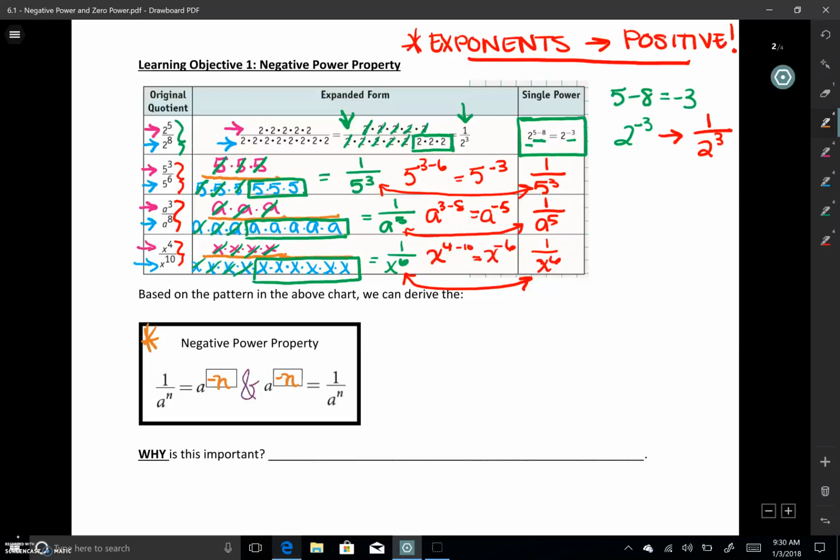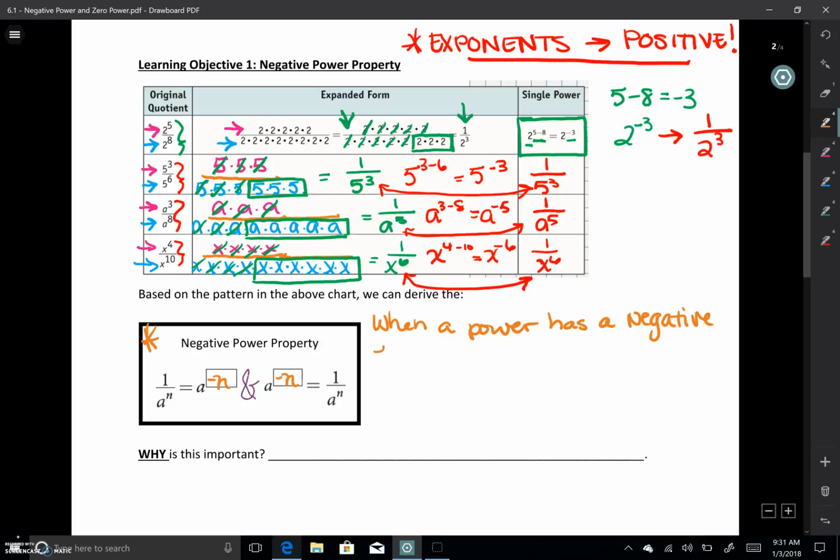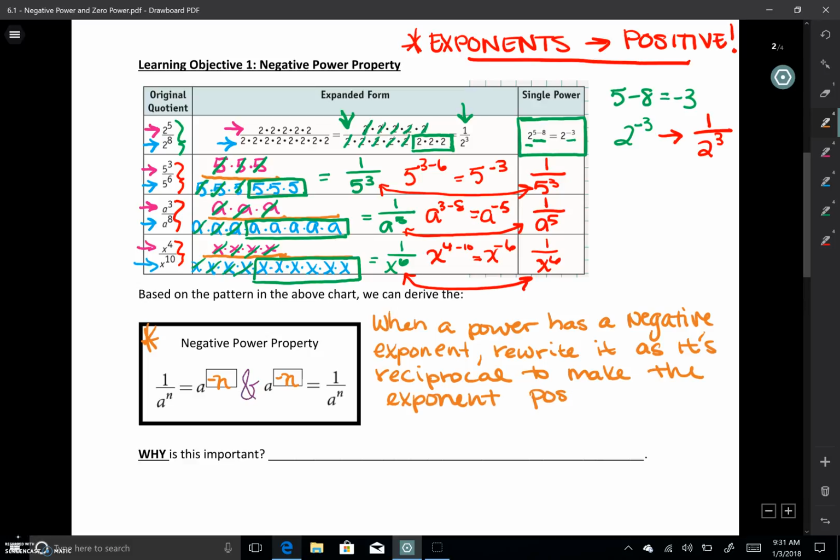So, verbally, I guess we can say, when a power has a negative exponent, rewrite it as its reciprocal to make the exponent positive.